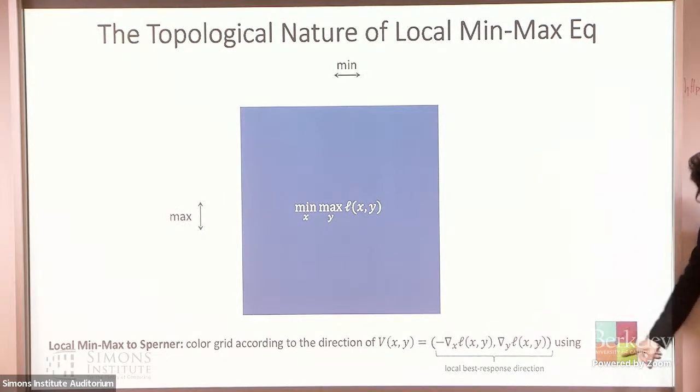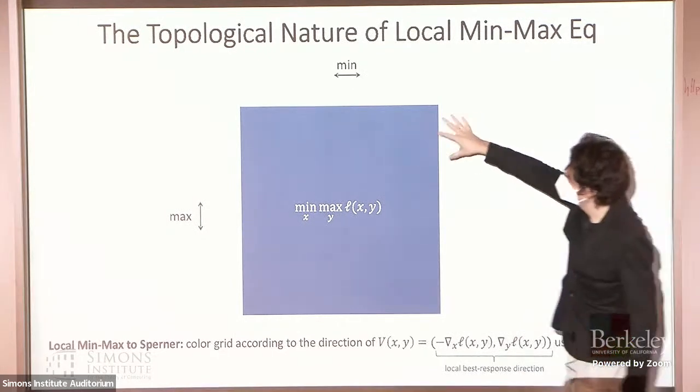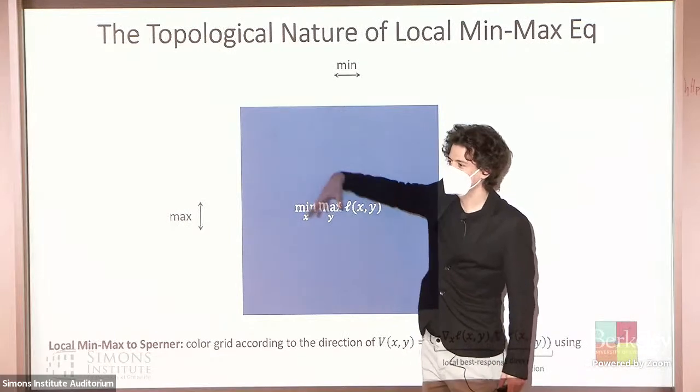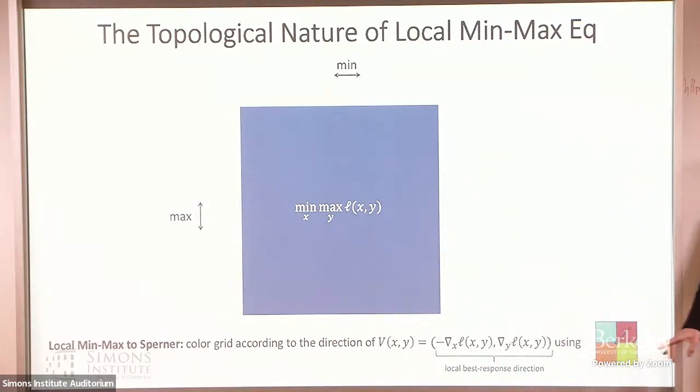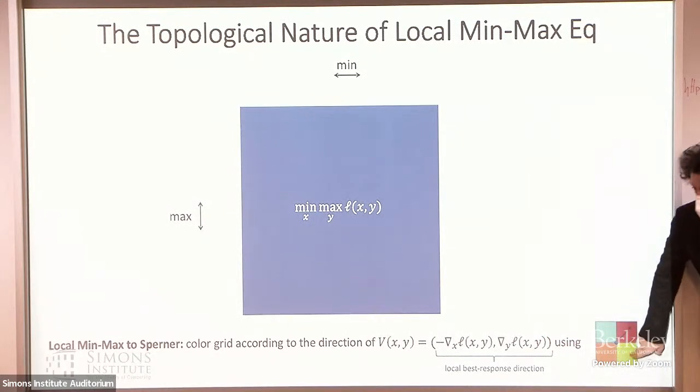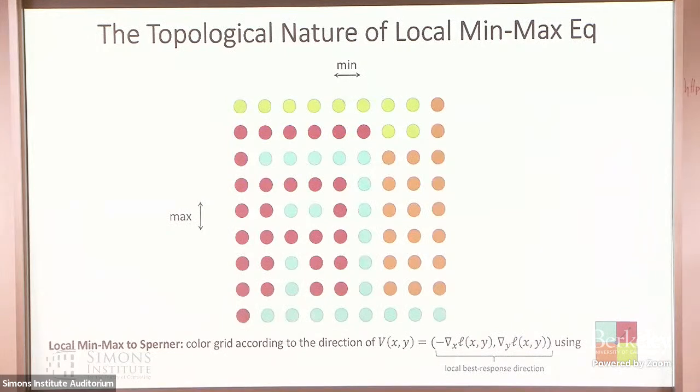And use the colors to color that node. Okay, so for every point over here, let's discretize it. You compute the direction of the gradients and color that point using those, depending on the direction. You may see a picture like this.